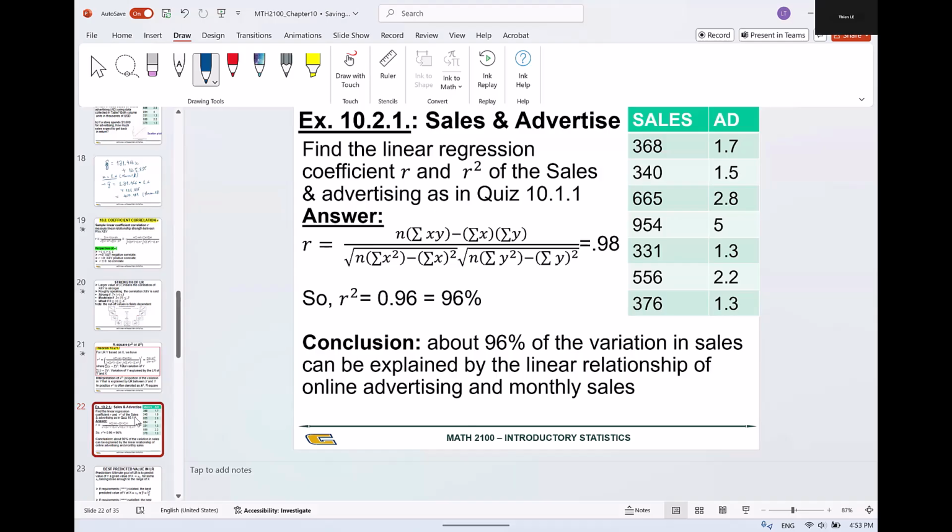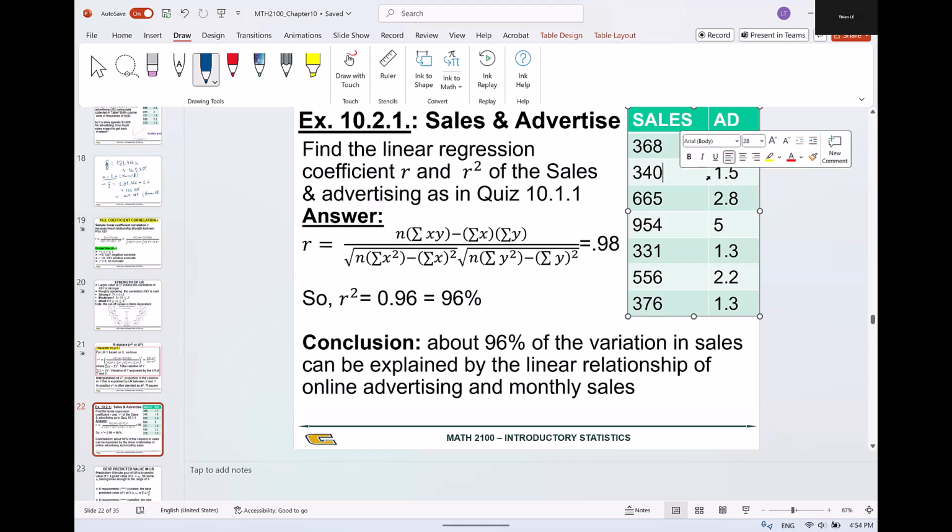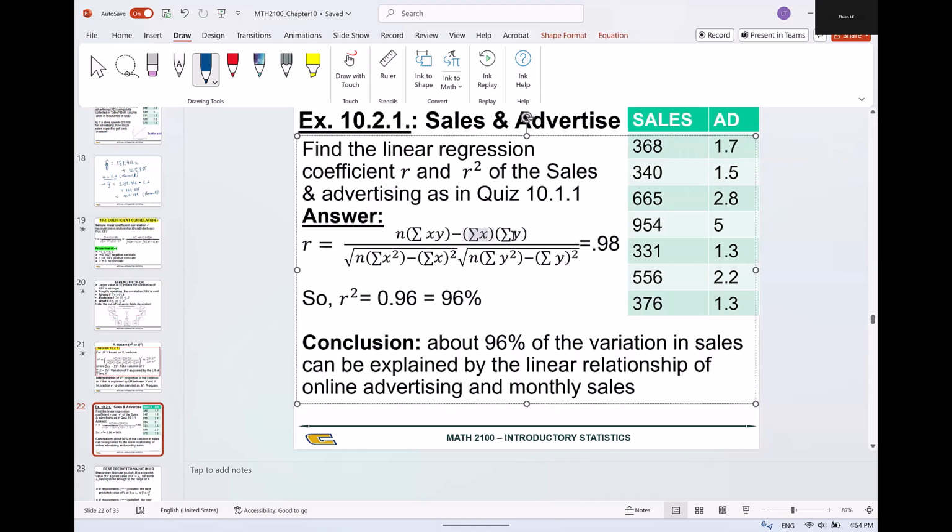And again, if we look back at the sales and advertising problem, you can calculate R square by plugging in the formula directly. Summation of x times y, and so on, and subtract this. If you plug in carefully, you should be able to get R equal 0.98.